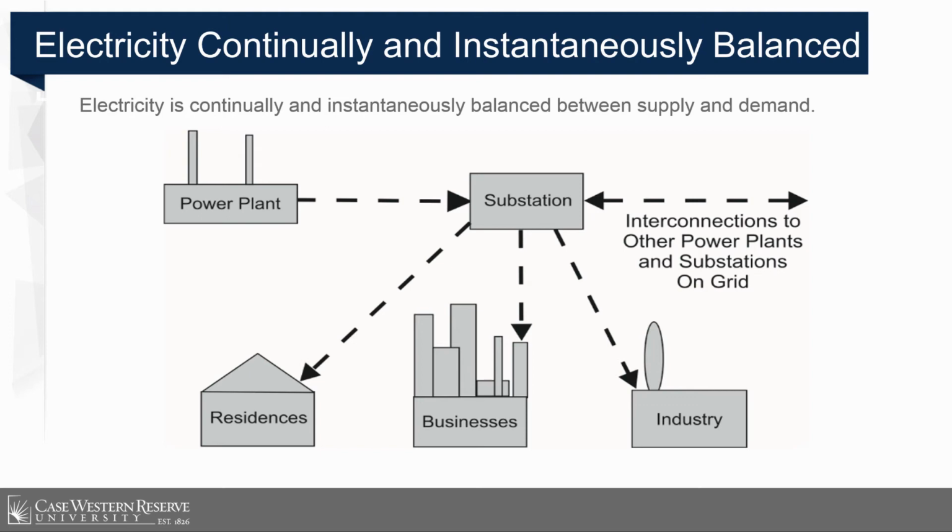But varying customer demands can create problems for utilities, because what utilities are trying to do is instantaneously match supply to daily, hourly, and even shorter variations in demand. So we have to think of electricity being continually and instantaneously balanced between supply and demand.